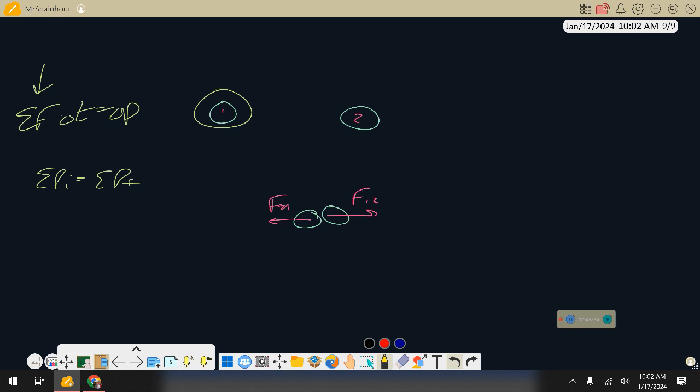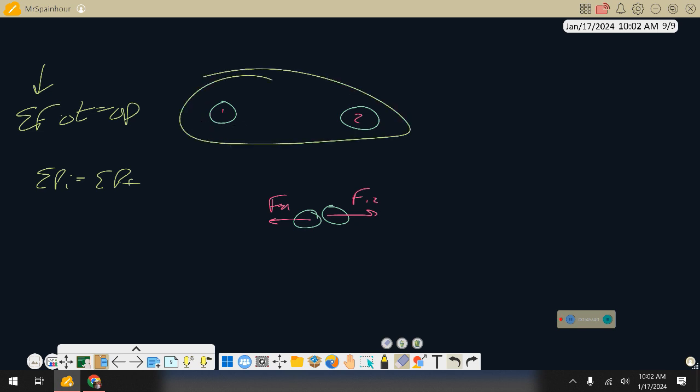But if instead I look at the combination of two of them, is there a net force anymore? How come? What did this third law pair do to each other? Cancel each other out. So there is no net force anymore, and therefore we can use conservation of momentum.